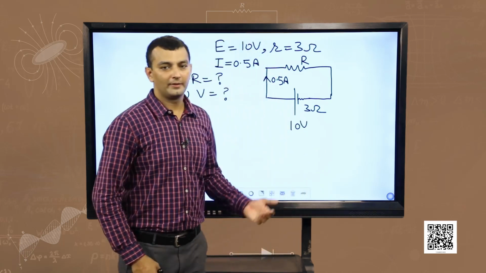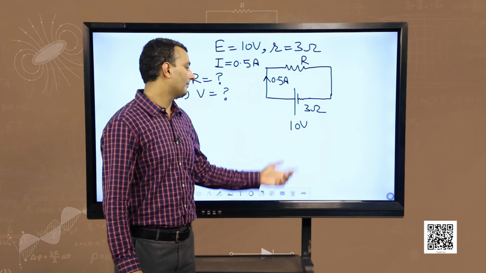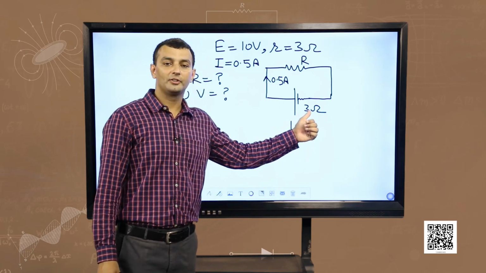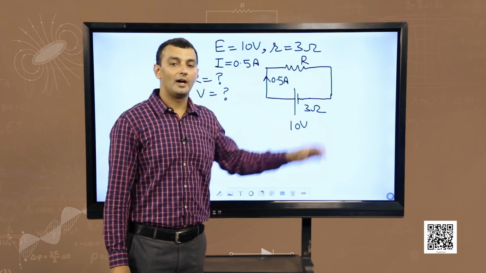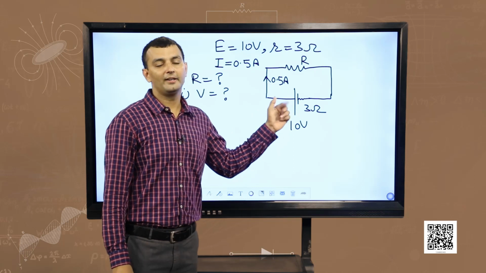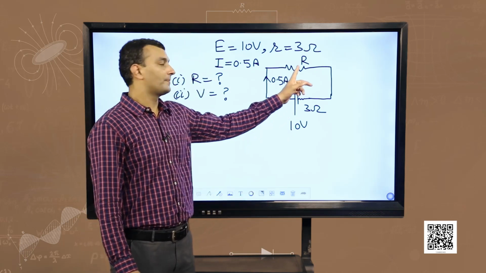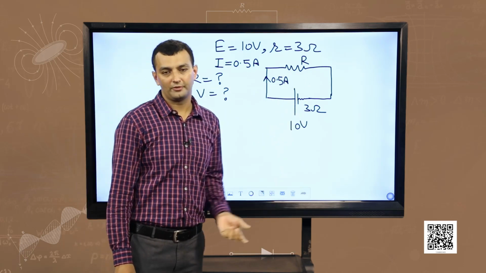So, let us solve this problem now. I have drawn the corresponding diagram. Here is a cell, rather a battery, of 10 volt with an internal resistance 3 ohm. An external unknown resistance R is connected, and the current in the circuit is 0.5 ampere. We have to calculate the resistance R and the terminal potential difference.